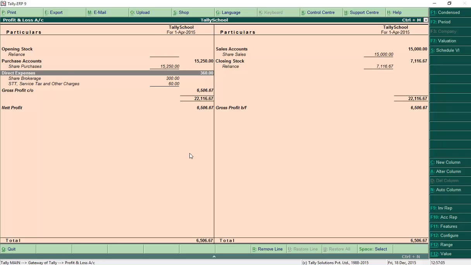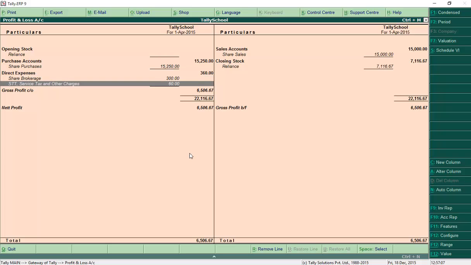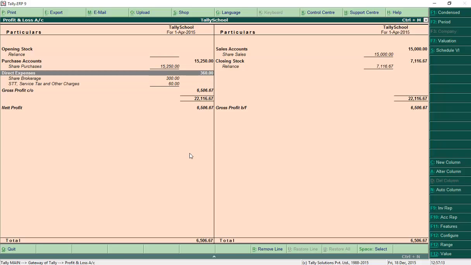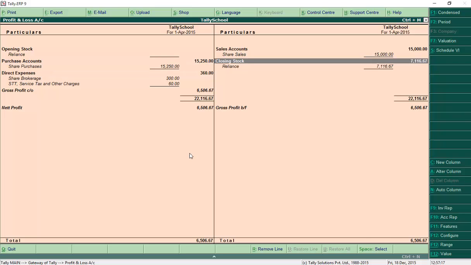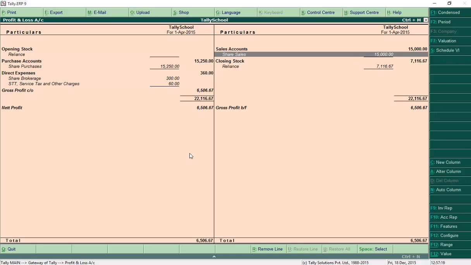But if you are not a service provider, you will not get the service tax credit and you just pay the service tax entirely to the government. So that option is of no use if you are not a service provider.